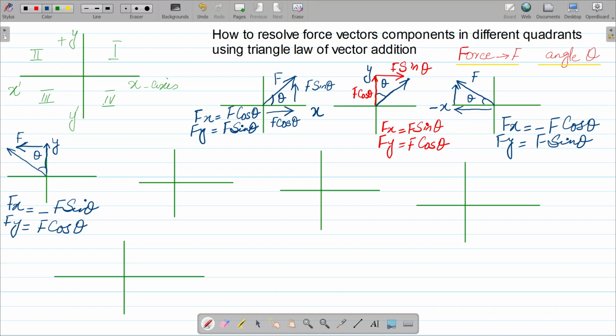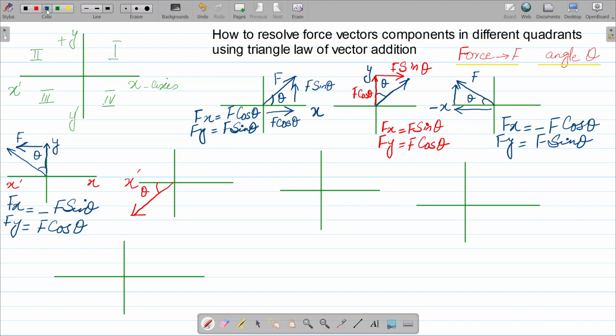Okay, so again now we go to the third quadrant to see how it is going to be different. If we have this force here, and it is making an angle theta with the negative x-axis. And remember, this is negative, don't forget, this is positive.